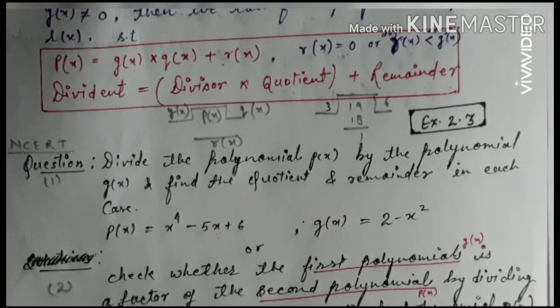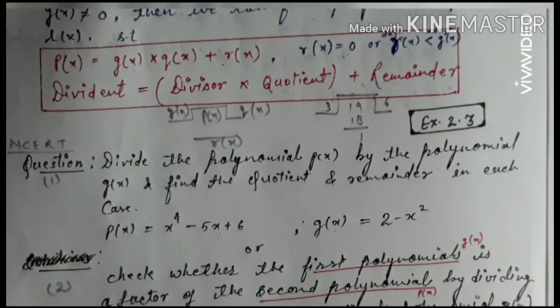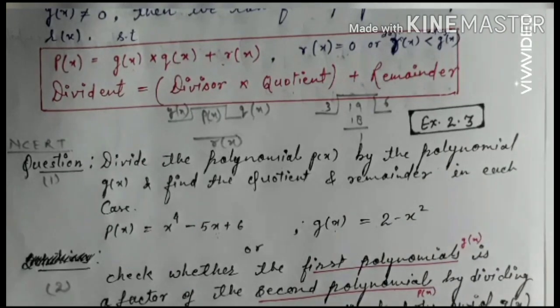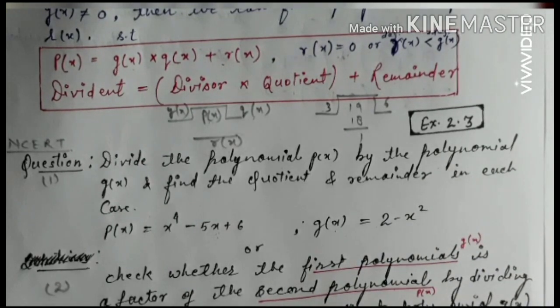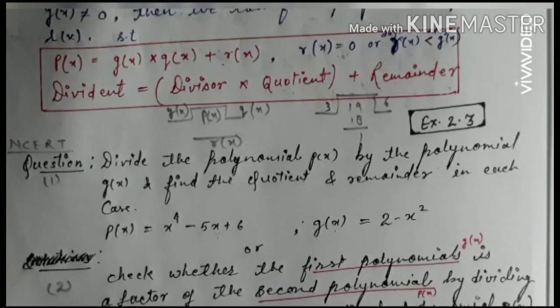Signs change and these get cancelled out. Now what is the remainder? It is 2x square with a positive sign. It can't be calculated with this. Okay, so it is minus 5x and plus 6. Now it is minus 2, so minus minus plus 2x square, minus minus. So we write here minus 4.